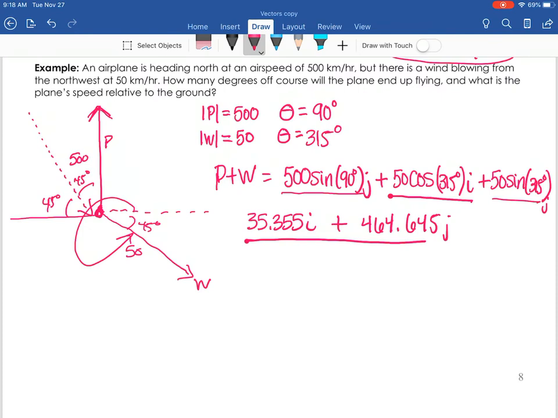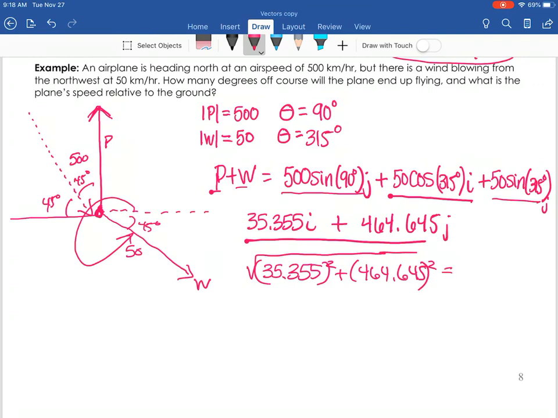To find the plane speed, the speed is our magnitude. Okay, to find the plane speed after the wind pushes on it a little bit, right? So we add the plane speed plus the w, the wind speed. I'm going to do that by finding the magnitude of my resultant vector. So I'm going to take 35.355 squared plus 464.645 squared.